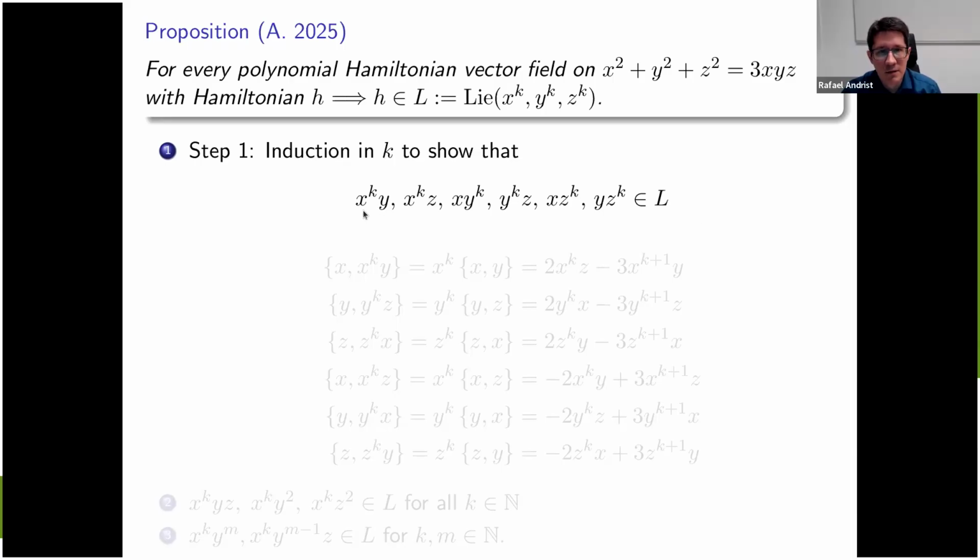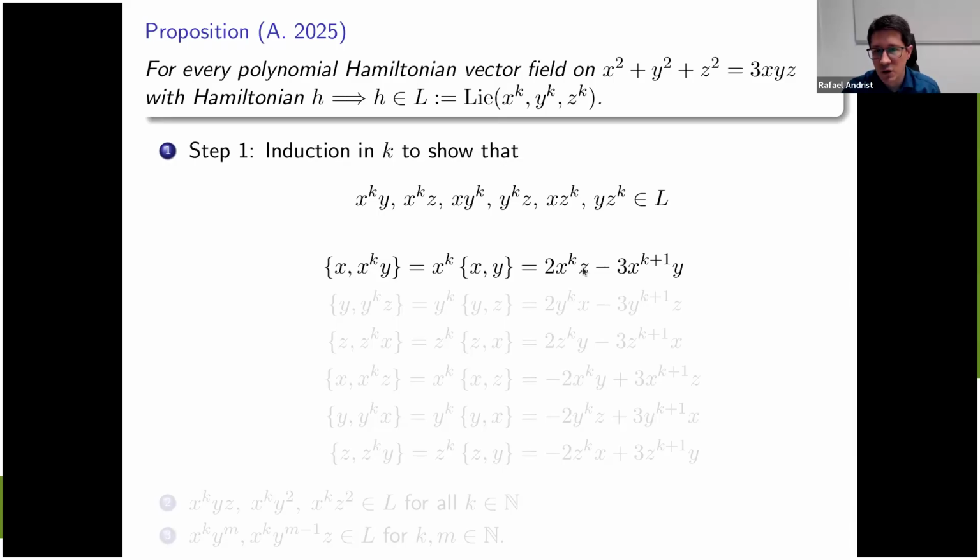Let's say I would like to get x to the k times y and all these other monomials here. Then, well, you just take x, Poisson bracketed with x to the k y, use the Leibniz rule, and you get here x to the k plus 1 y. This is the term that we want, right? But if we do induction in k, we have another term that we don't want, x to the k times z.